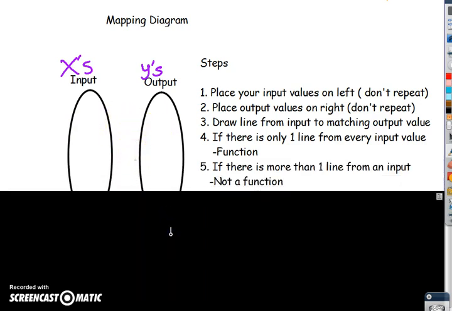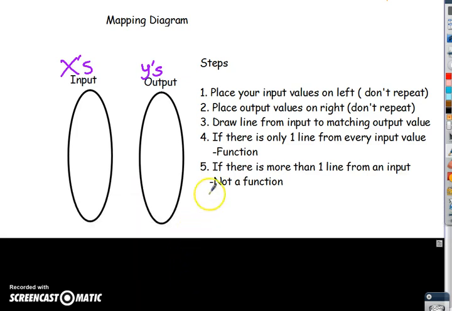If there is more than one line from an input value, it's not a function. So for instance, if you had a 2 here, and it went to these 2 points, not a function. Why not?